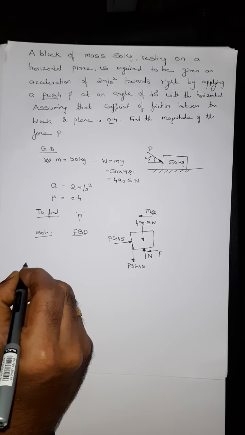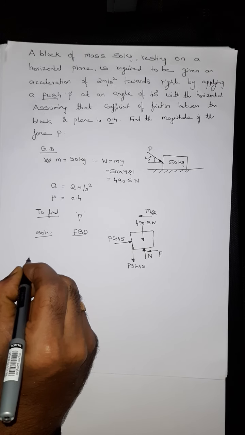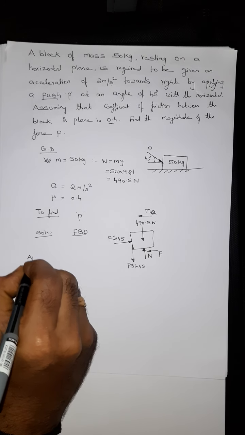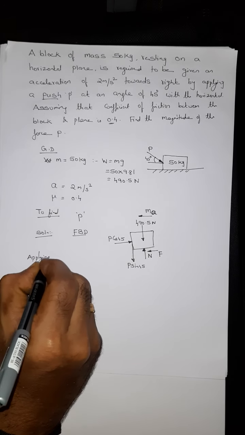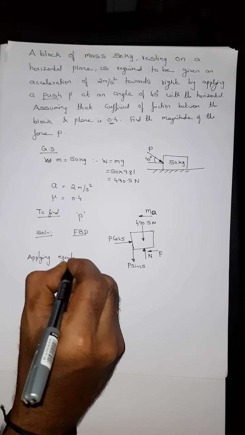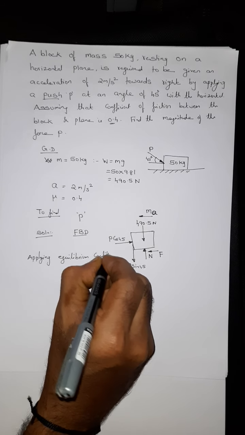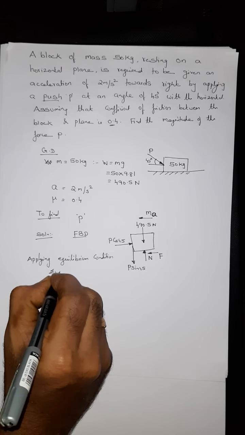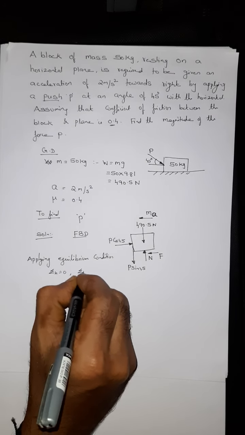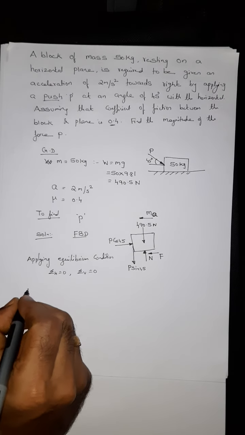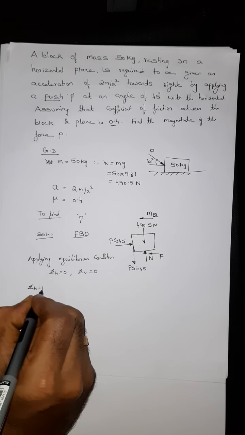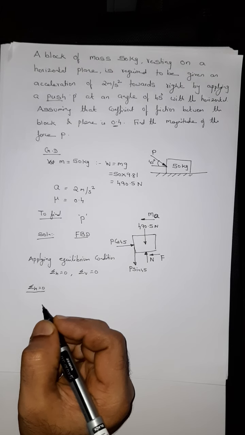Now I'm going to apply the equilibrium condition. Applying equilibrium condition. Summation H is equal to 0 and summation V equal to 0. Let me resolve all the forces horizontally.